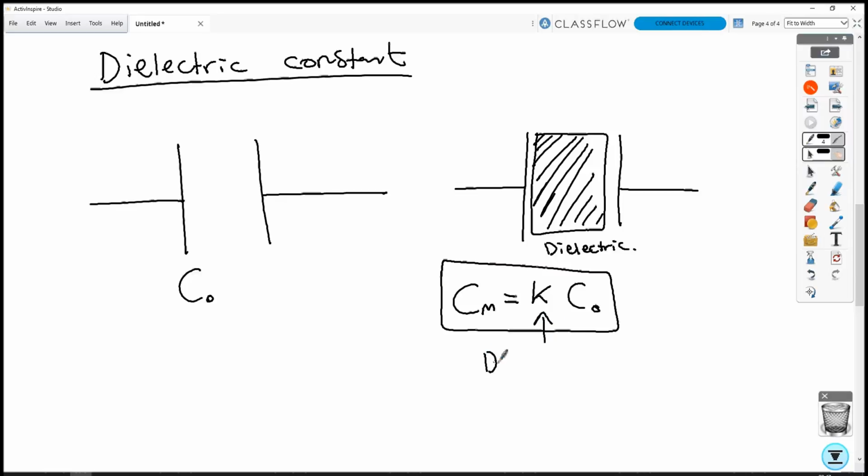And this is called the dielectric constant.